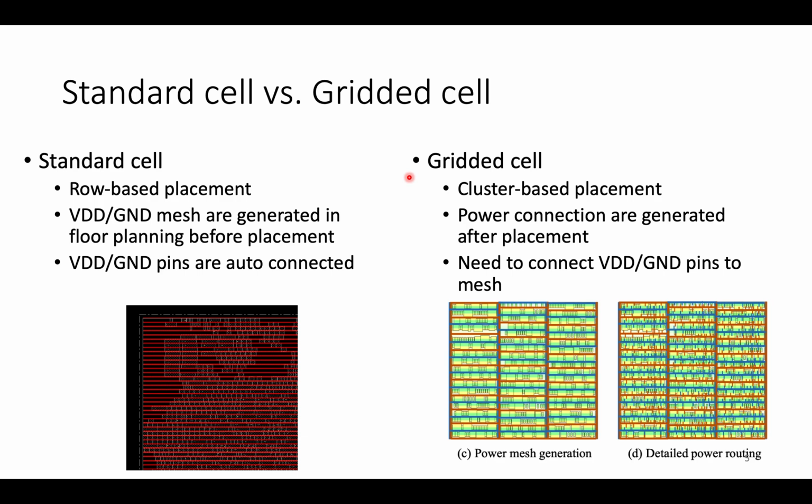For gridded cell, it uses a cluster-based placement, and the power connection must be generated after placement because it needs to be adaptive to the cluster, and it needs an extra step to connect the VDD pins to the mesh, like the one shown on the right.